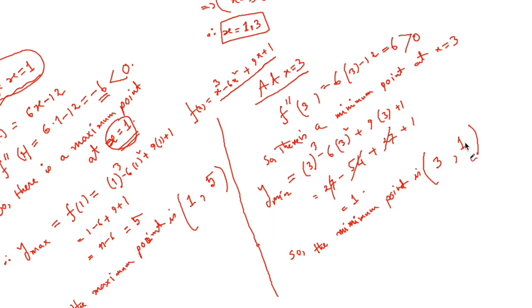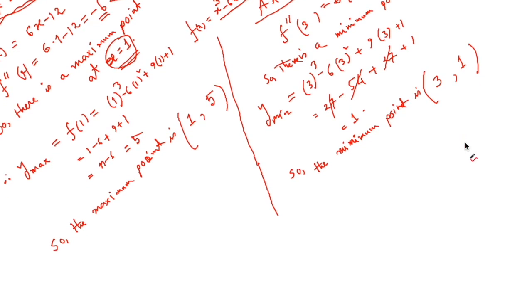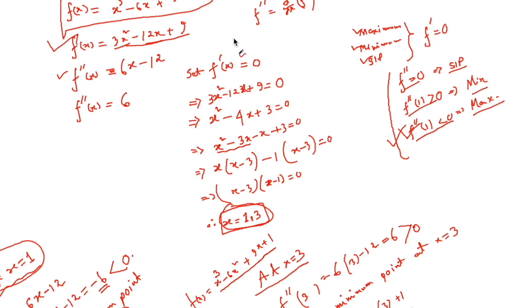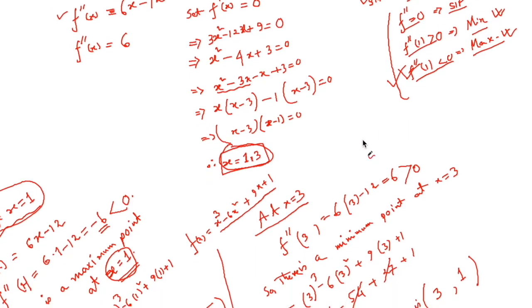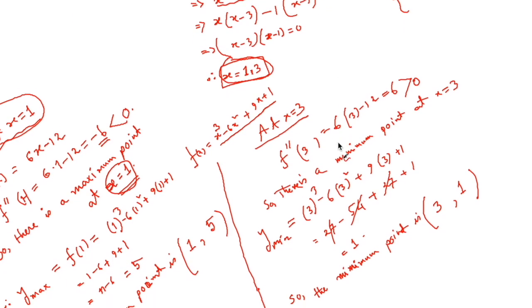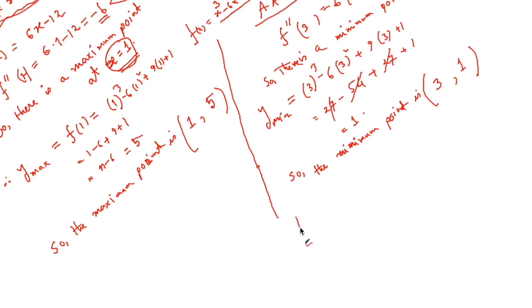Now you need to calculate the inflection point, SIP and IP. Since there are two x values you obtained, 1 and 3, at 1 you got a maximum point and at 3 a minimum point. So there is no SIP. If you had got another value of x, you could check whether the second derivative is 0 there. If the second derivative is 0 it is SIP, if positive it is minimum, if negative it is maximum. So what will the third answer be?